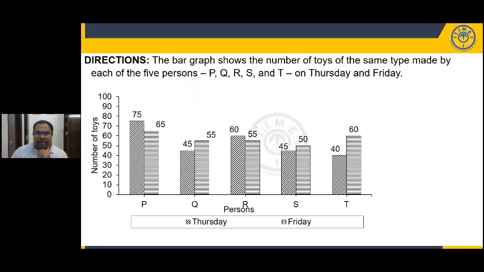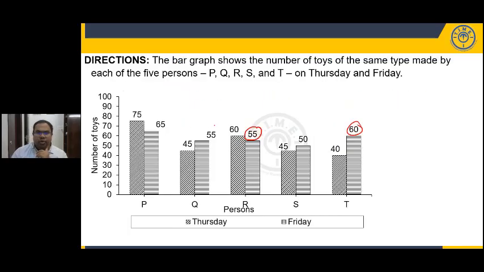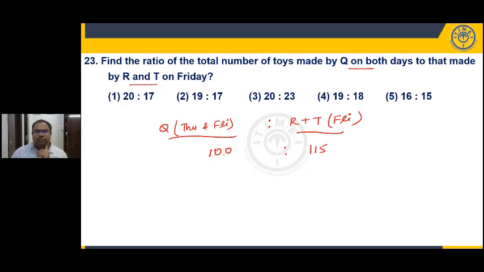R and T Friday, you see 55, 60, 115. Q total on Thursday and Friday: 45 plus 55 is 100. 100 to 115, divide by 5, 20 is to 23. Choice 3.